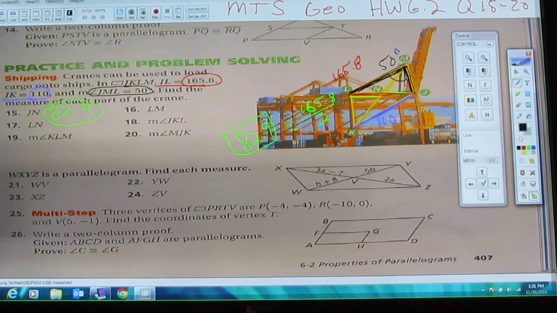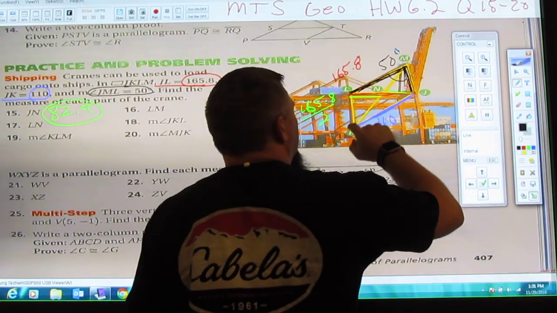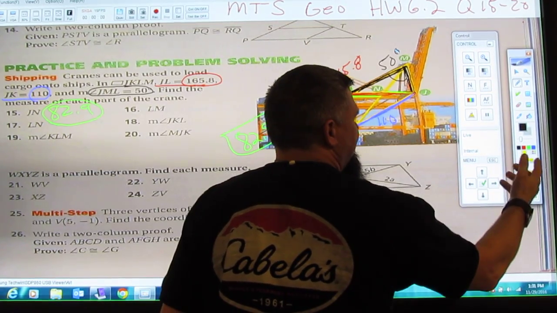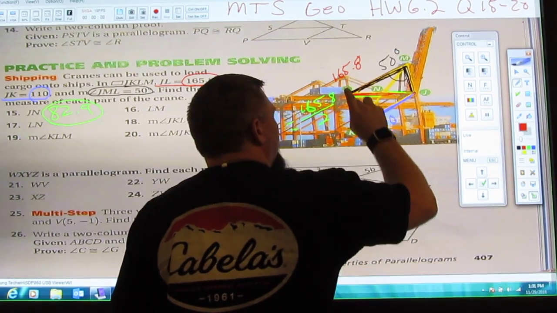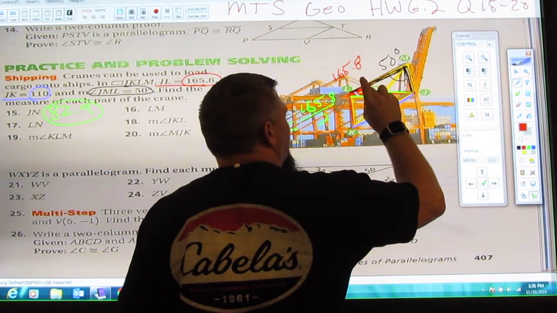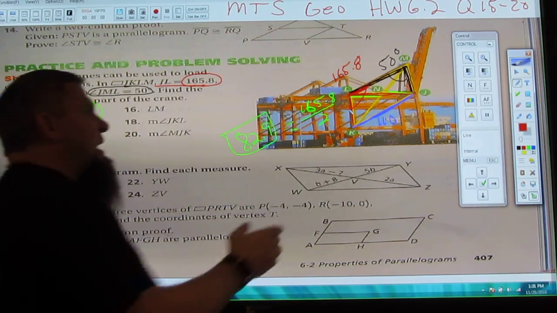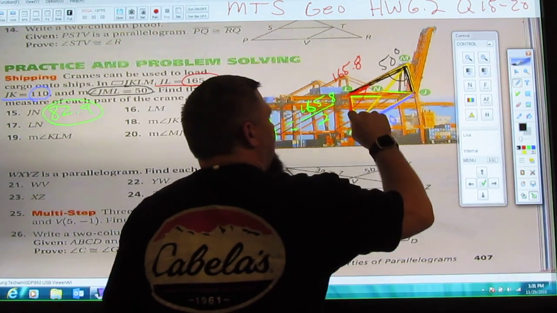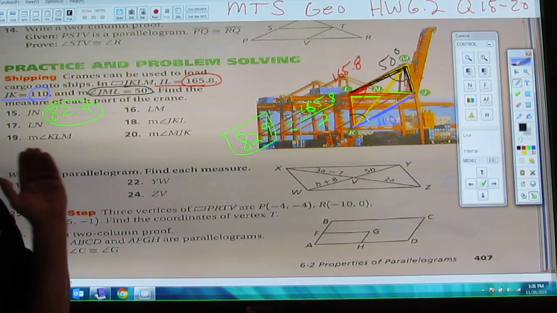So, when they ask us KLM, when they're asking us this side, there's not much colors left, so I'll use red. They're asking us this side right here. Okay? It's not going to be the same because this is the same. The opposite corners are the same.